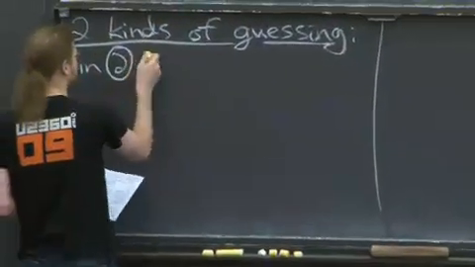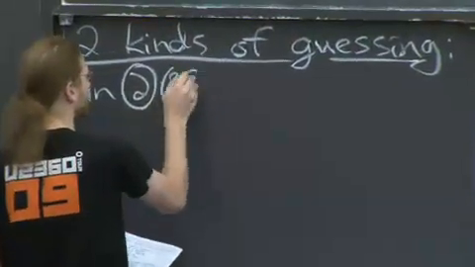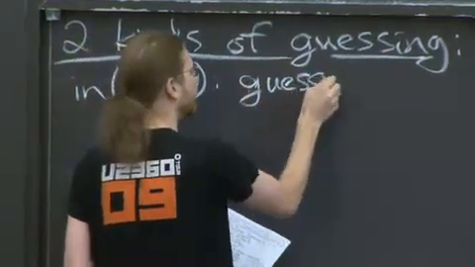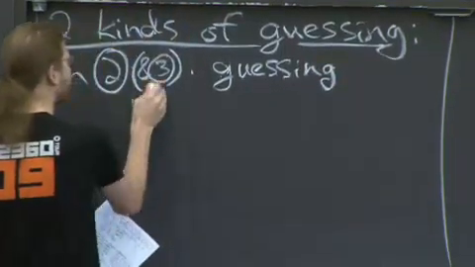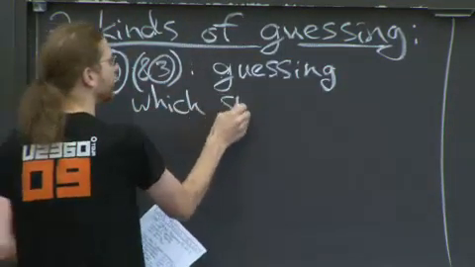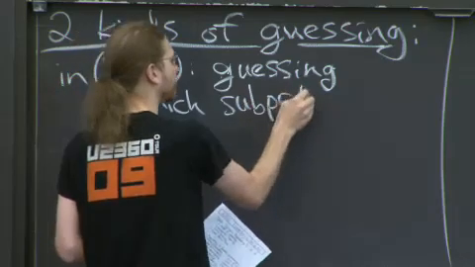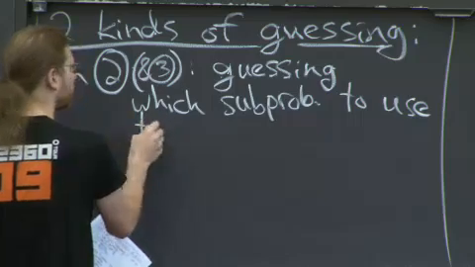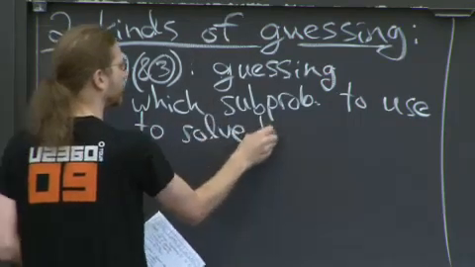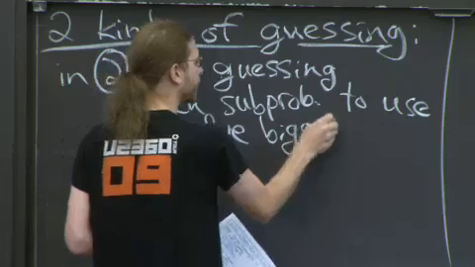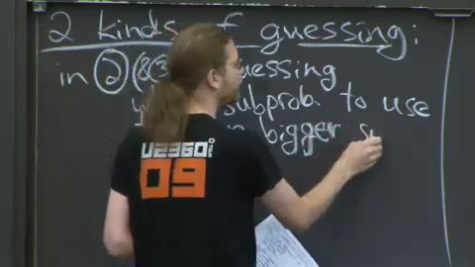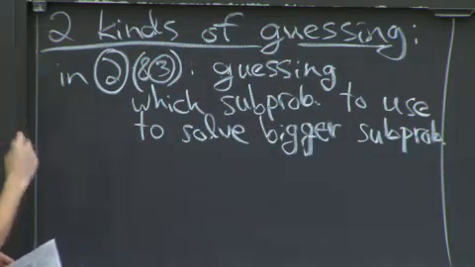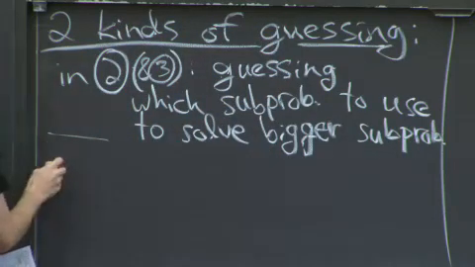In step 2 and 3, you are guessing usually which subproblems to use in order to solve your bigger subproblem. So that's what we've seen many, many times by now. Every DP that we've covered, except for Fibonacci numbers, has used this kind of guessing. And it's the most common, I guess you might say.